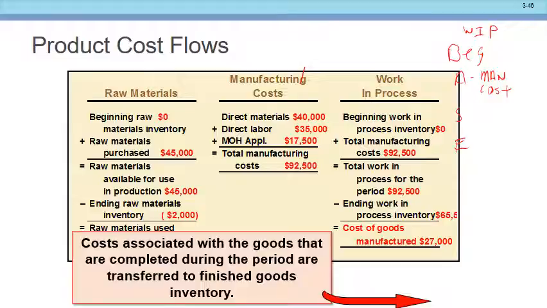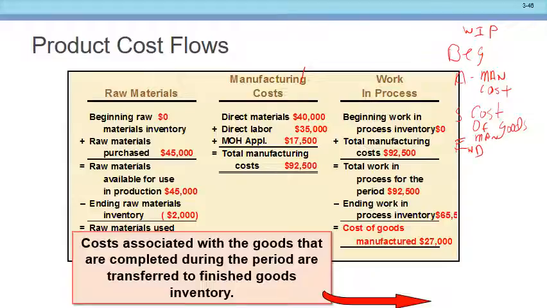Then I have my subtracts for the period. My subtracts for the period are my cost of goods manufactured, aren't they? That's my cost of goods manufactured, and then my ending balance is whatever my ending balance is, right?